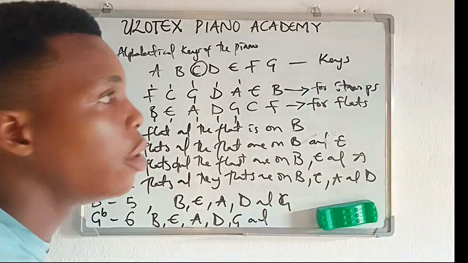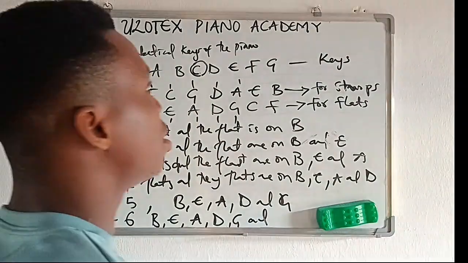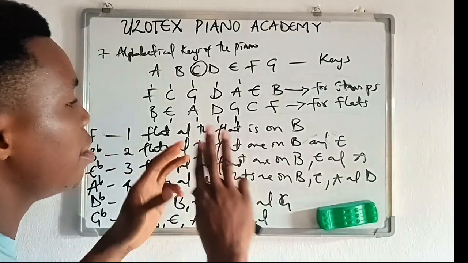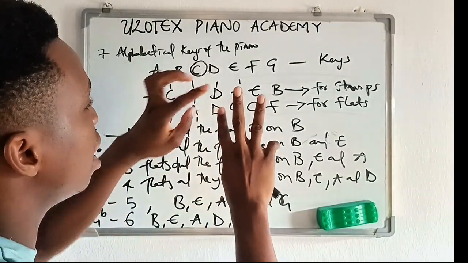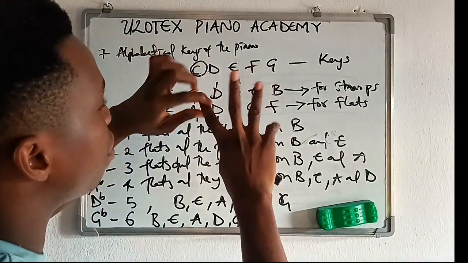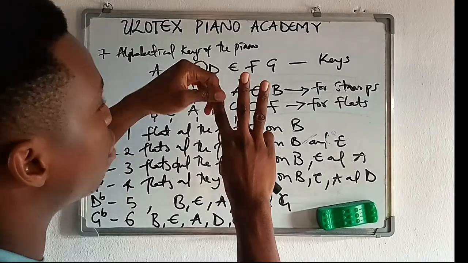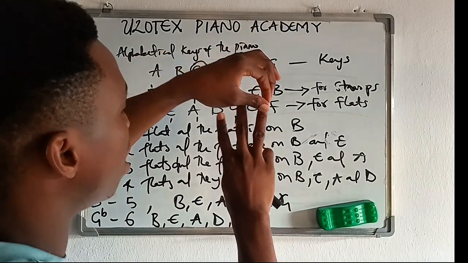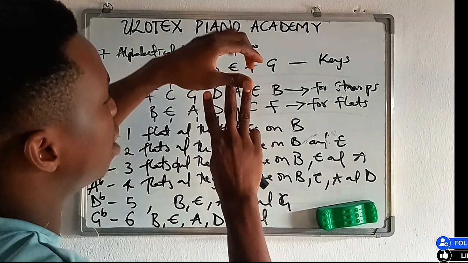Okay, let me use this to clear us. Let me use my fingers to do that. Moving from my index finger to my ring finger, you are making a tone movement.